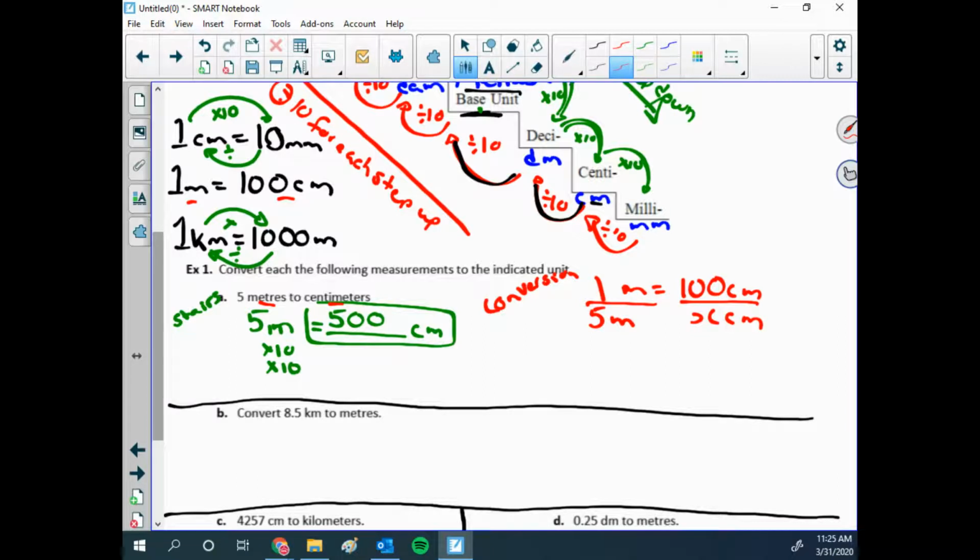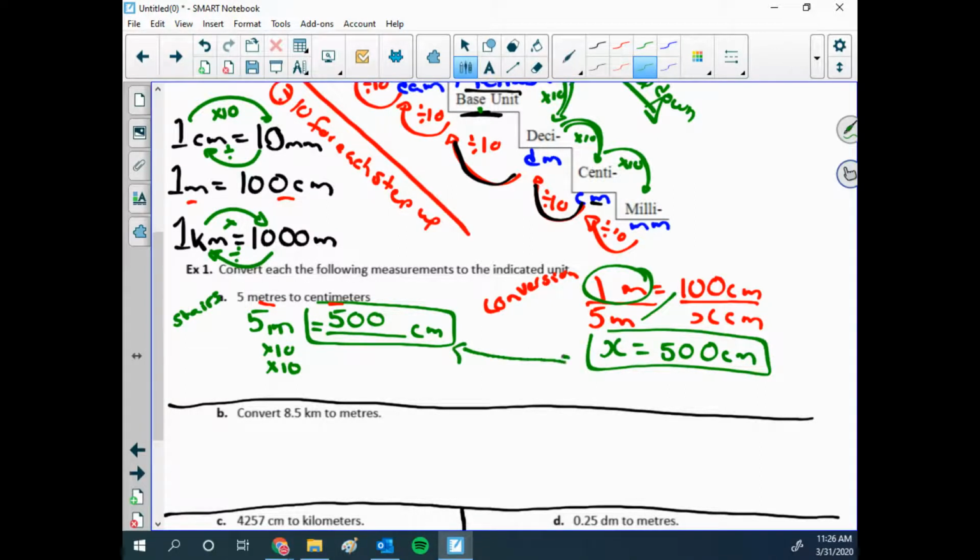So once I have that set up, I can use my proportion to cross multiply and divide. So 5 times 100 divided by 1 is just going to give me the same answer of 500 centimeters. So whichever strategy I choose to use, I should be getting the same answer. Okay? All right, let's do the next one.